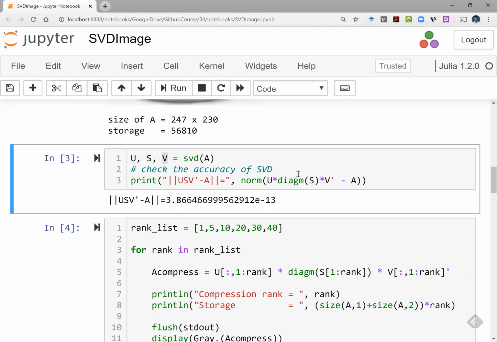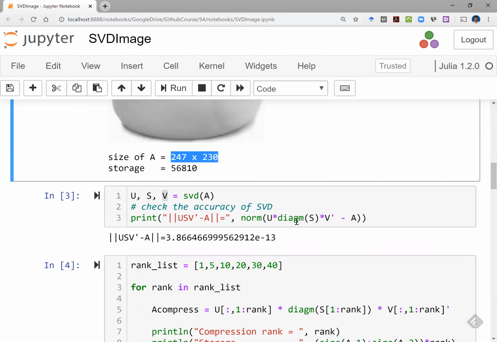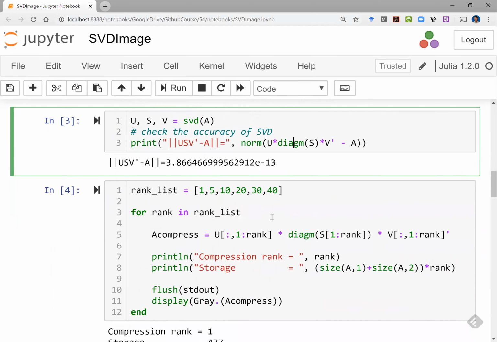If you compare with the eigenvalue decomposition, A equals V times diagonal D times V transpose, if A is real symmetric, you find this is really similar. But this is a rectangular matrix, right? Now I have this singular value decomposition. How should I use that?